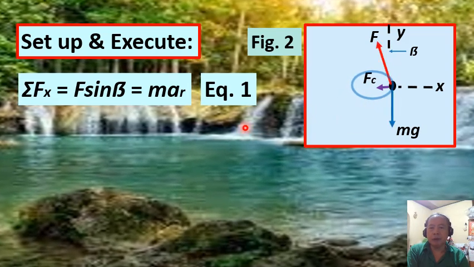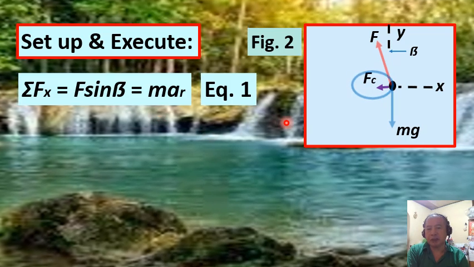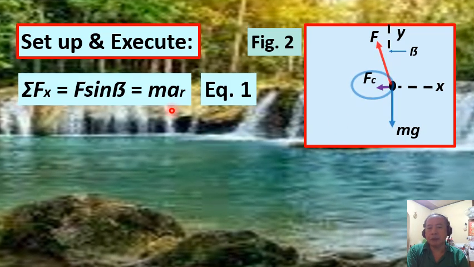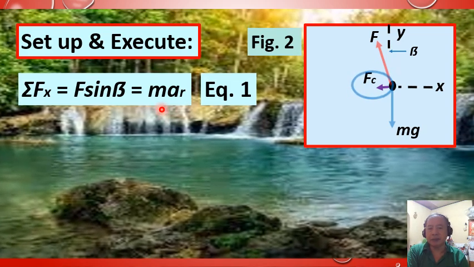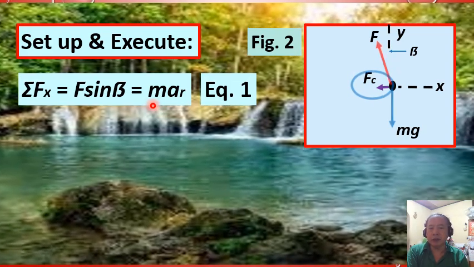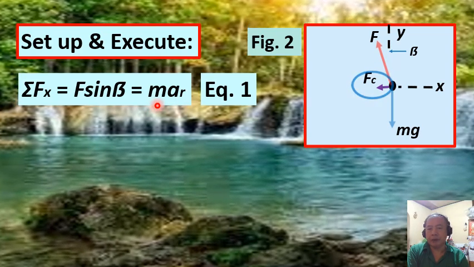As we know, centripetal force, or Fc, can also be expressed as a product of the mass of the body and the radial acceleration. That is, Fc equals m times ar. All right?